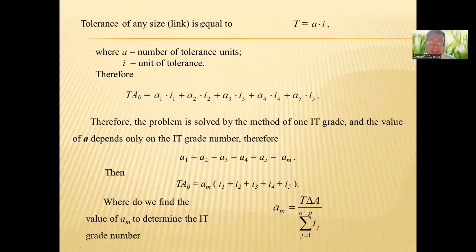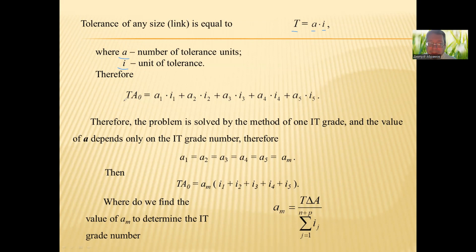The tolerance of any size or link is equal to A multiplied by I. In this formula, A is the number of tolerance units and I is the unit of tolerance.